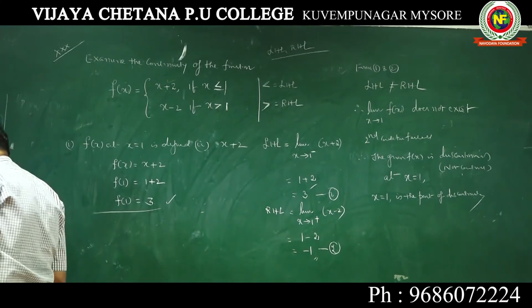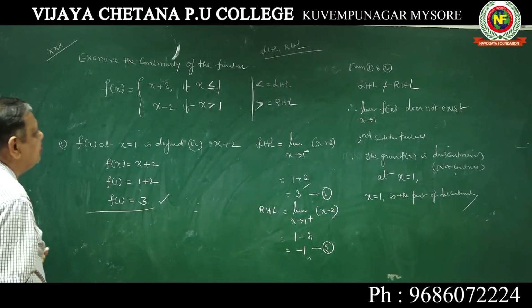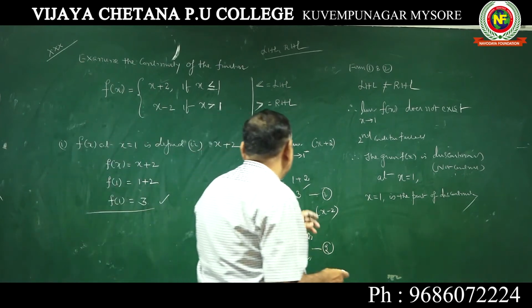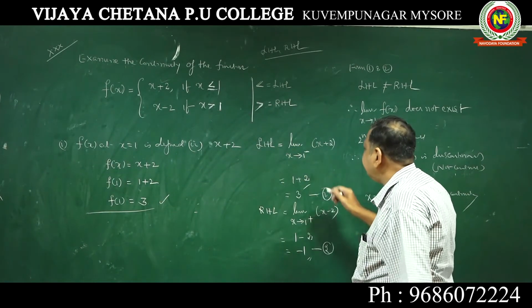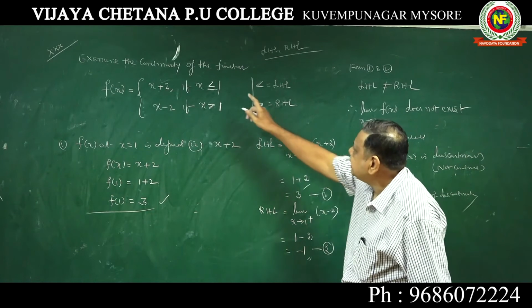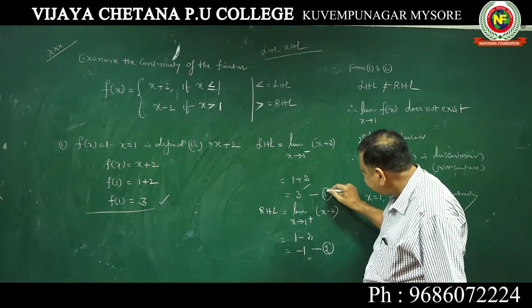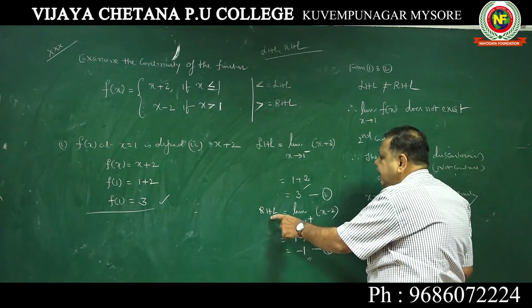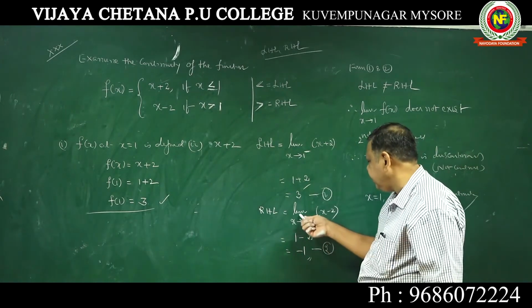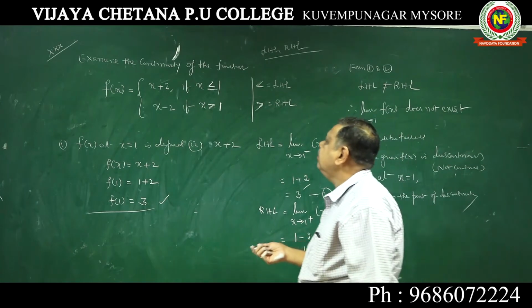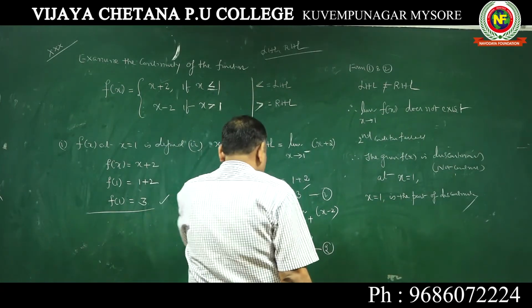That is, your left hand limit should be equal to your right hand limit. Take the limit extending to 1 minus, meaning the function with less than 1. Don't put minus 1, put 1. It is 3. For the right hand limit, take the limit extending to 1 plus, so take x minus 2.